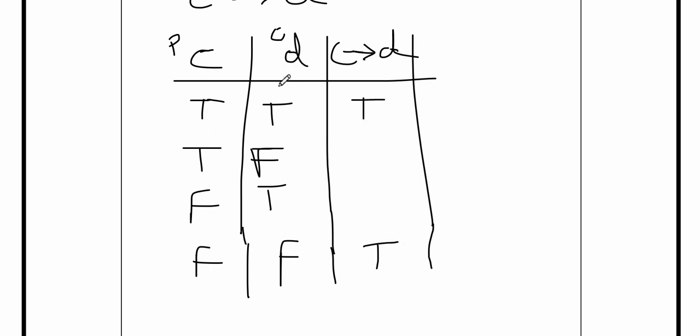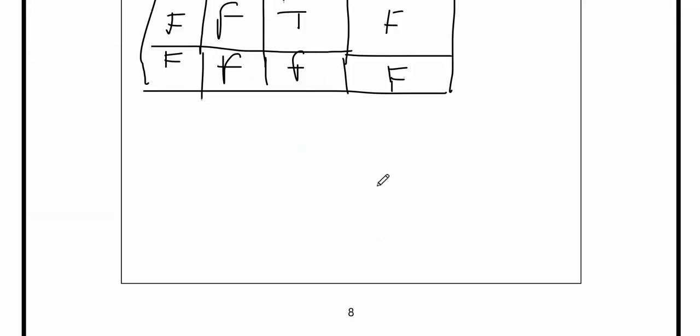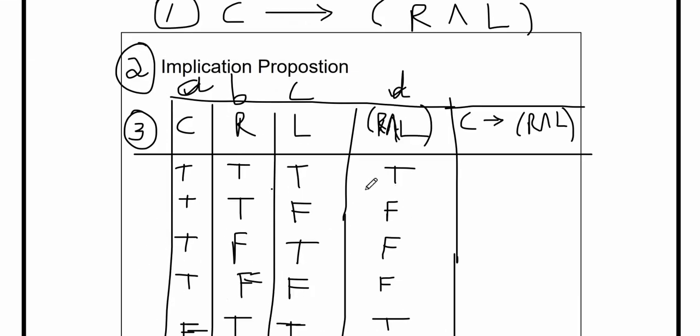But if the premise is true but the conclusion is false, then the entire argument is false. If the premise is false, even then if the conclusion comes true, it is true. So this is the basic truth table. What you have to remember is, only if the premise is true and the conclusion is false, then it becomes false.